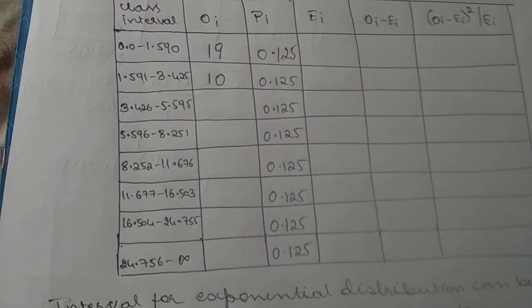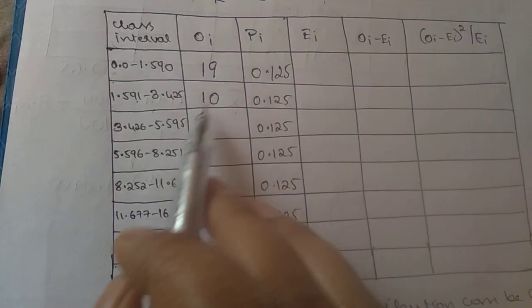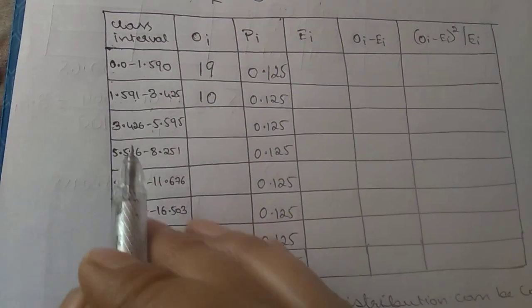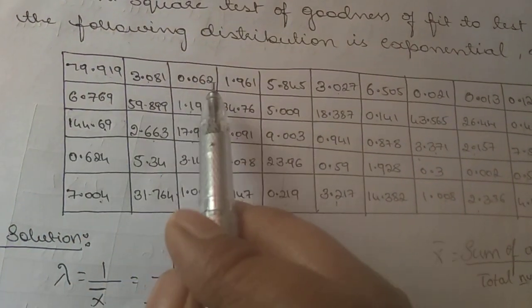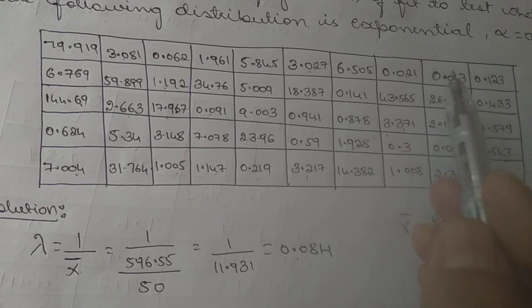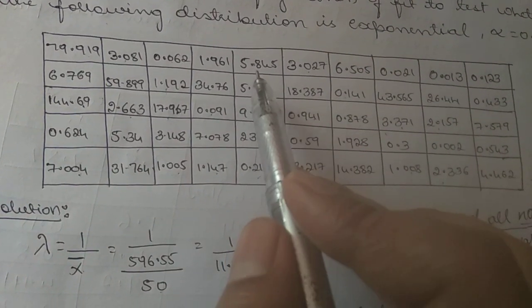Okay, I'll just directly write the values. Now you come to know how you have to check this one, or else only this one I'll show, then the rest of the values I'll write. 3.426 to 5.595. This is 5.8.